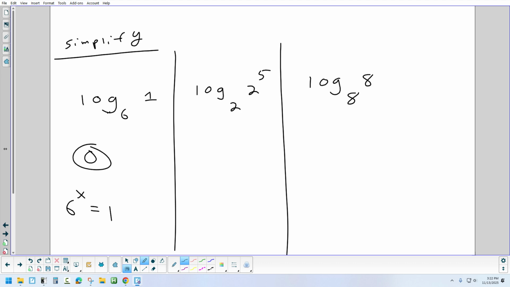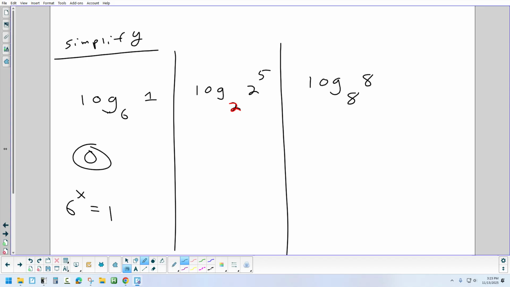Log base 2 of 2 to the 5th power. Everyone remember what that one simplifies to? Well, if not, what's my base there? 2.